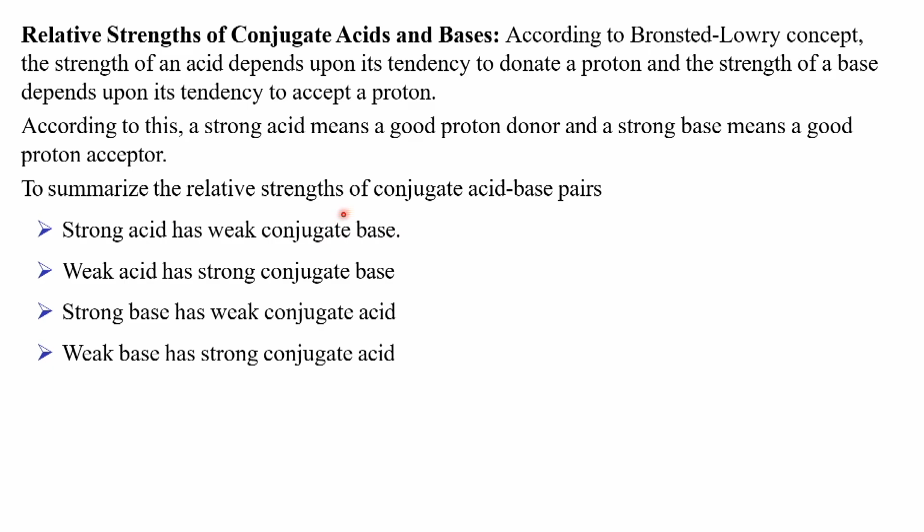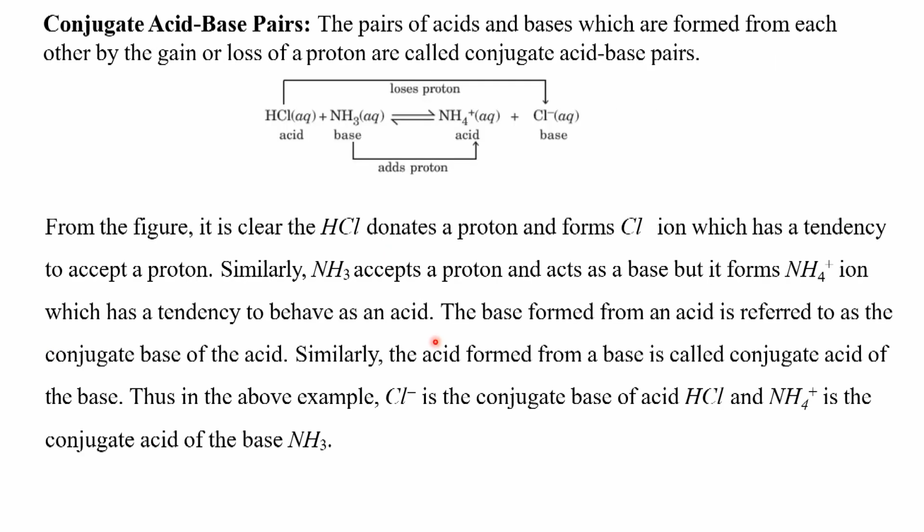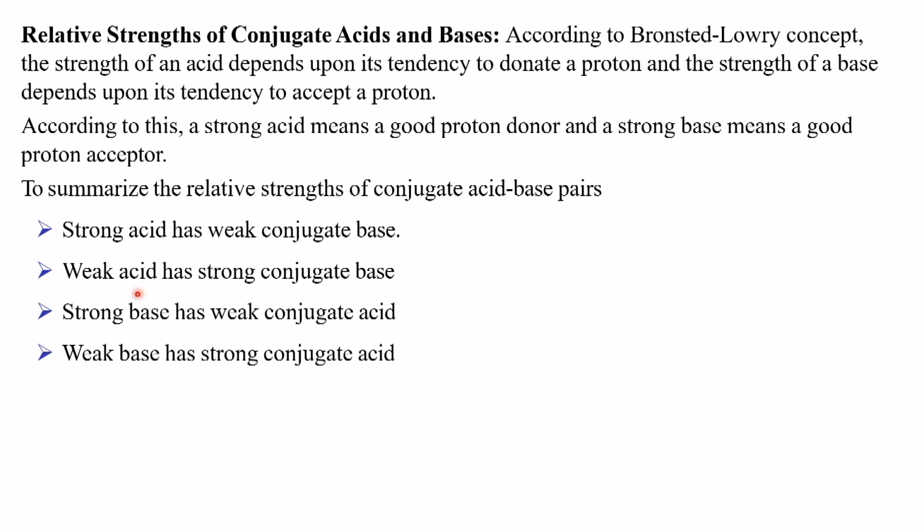To summarize the relative strengths of conjugate acid-base pairs, a strong acid has a weak conjugate base. HCl here is a strong acid, so the conjugate base Cl- is a weak base. A weak acid has a strong conjugate base. A strong base has a weak conjugate acid and a weak base has a strong conjugate acid.